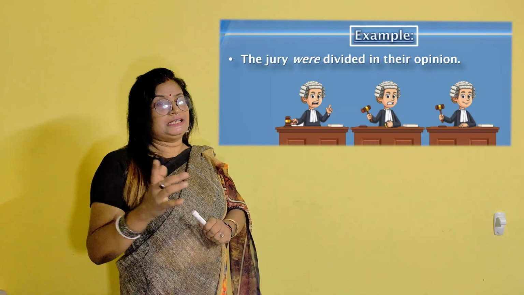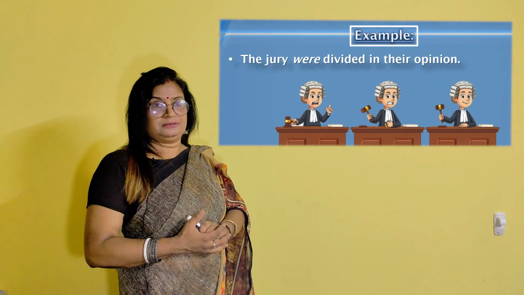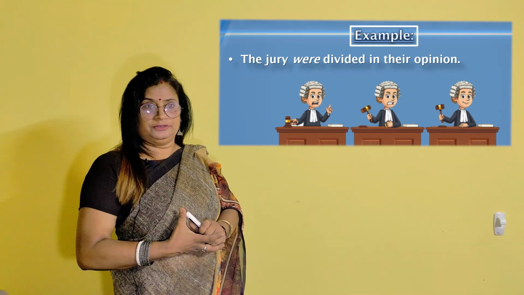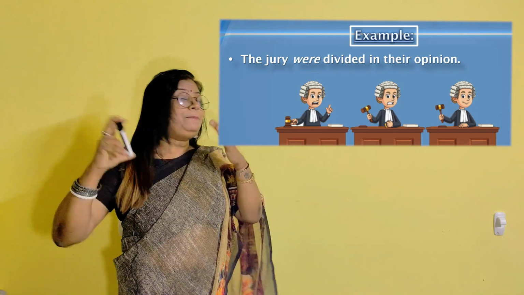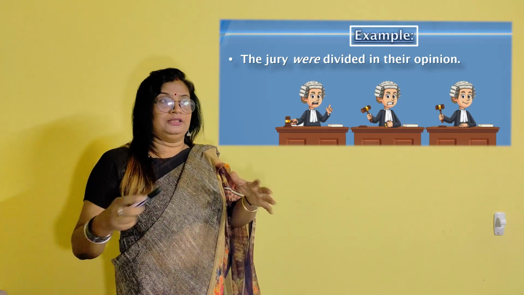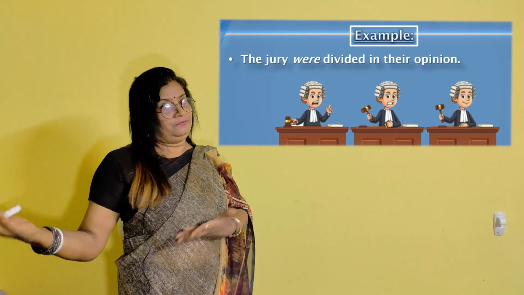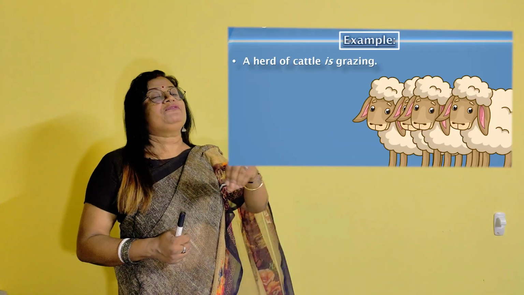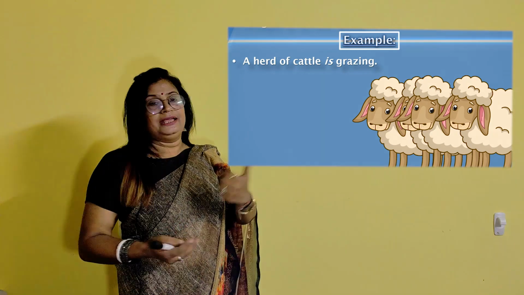So did you get it? A collective noun does not always take a singular verb. When we talk separately of the members of the jury or the members of the committee, then we use a plural verb instead of singular. But when we speak of it as a whole, then it is singular. And you should know that the verb should always agree with its subject in number and person.